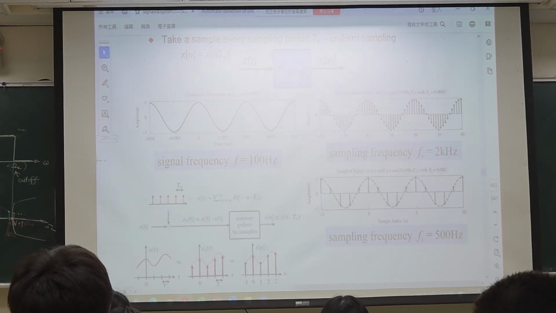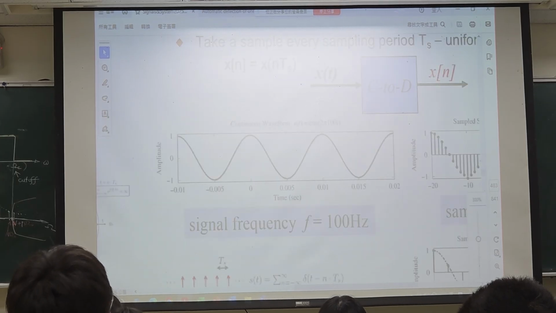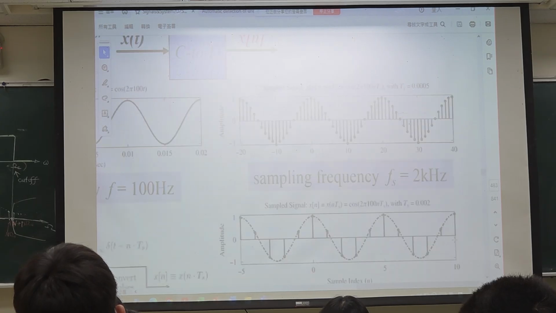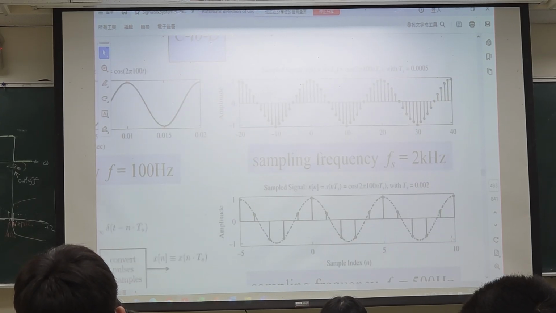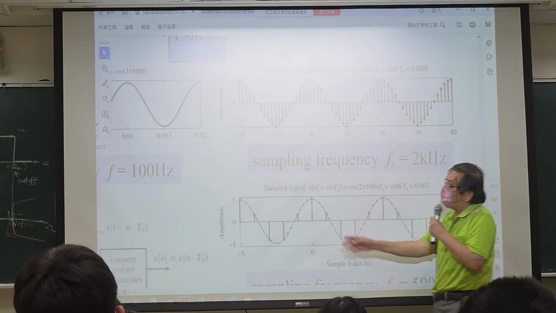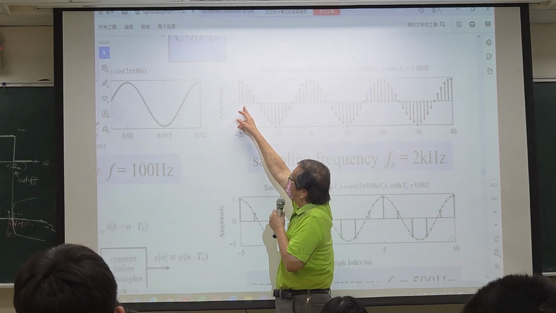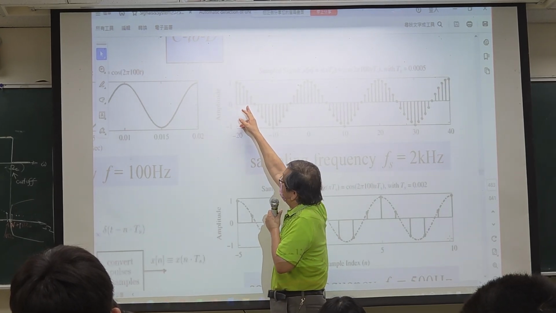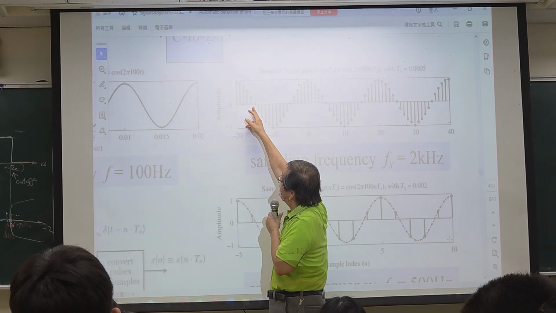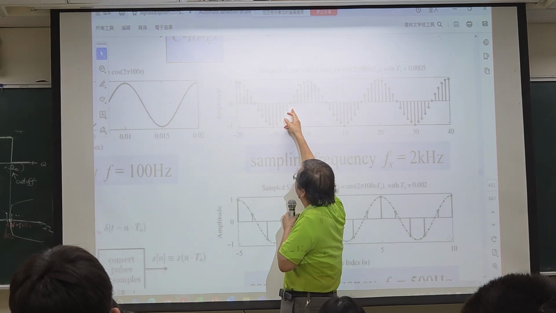Let me zoom in a little bit. At one sampling time, we take data. At two sampling times, we take data. At three sampling times, we take another data point, and so on and so forth.